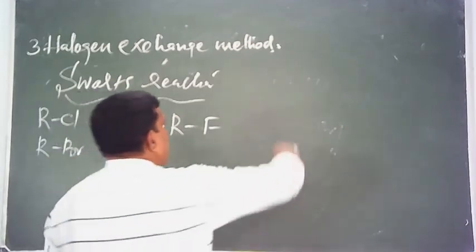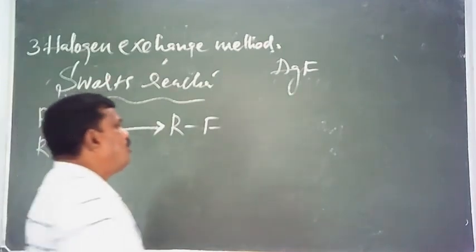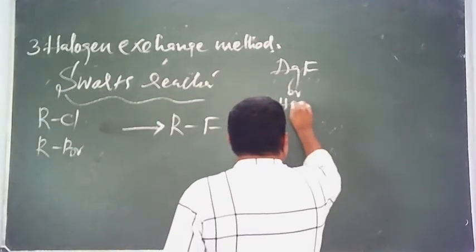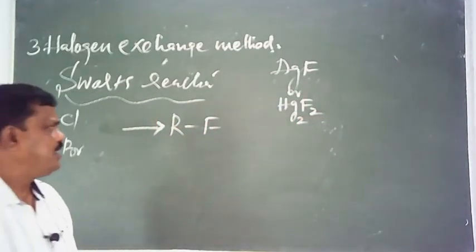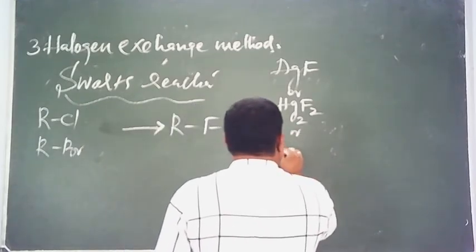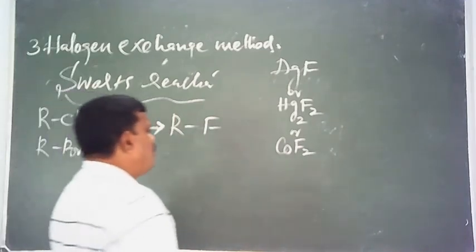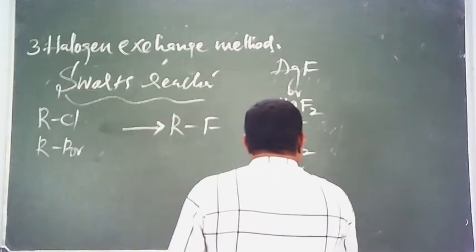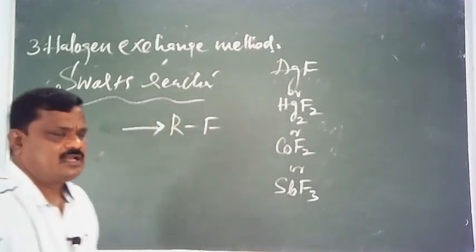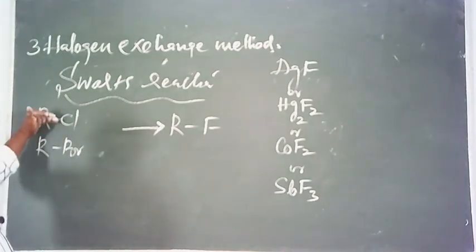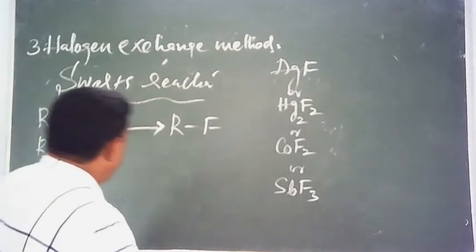Metallic fluoride like AgF, silver fluoride, or you can take mercurous fluoride, Hg2F2, mercury(I) fluoride, or you can take cobalt difluoride, cobalt(II) fluoride, or you can take SbF3, antimony(III) fluoride. Any one metallic fluoride is to be taken, and it is made to react with either alkyl chloride or even alkyl bromide. Let me give the reaction.